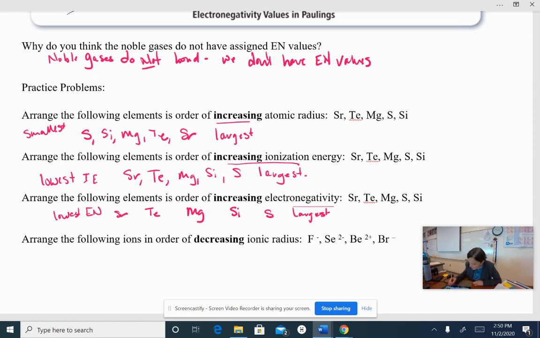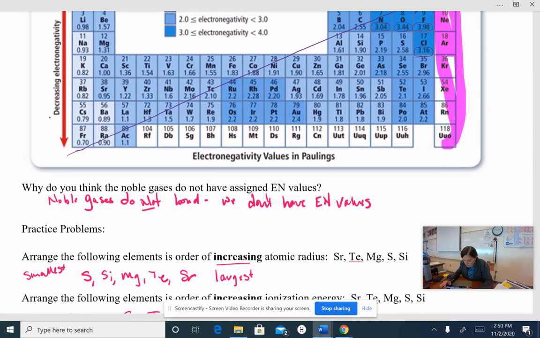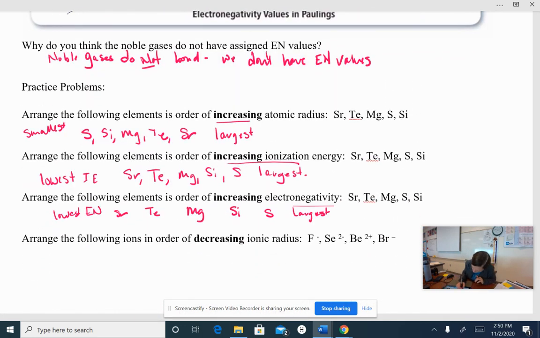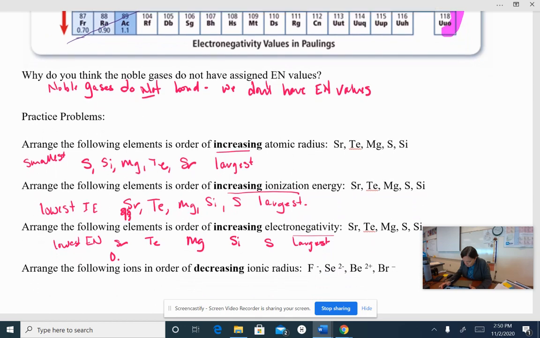Now, remember, I actually have actual values here. So let's see how well our trend line goes with our values. So I'm going to look at strontium. Strontium, I have a value of 0.95. I'm going to look at tellurium, and I have a value of 2.1.